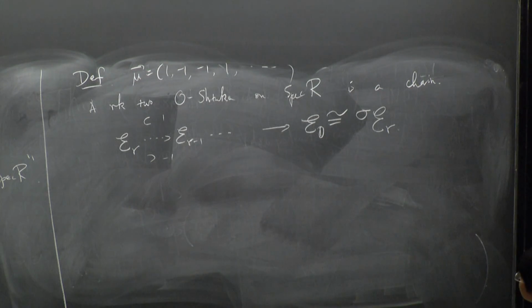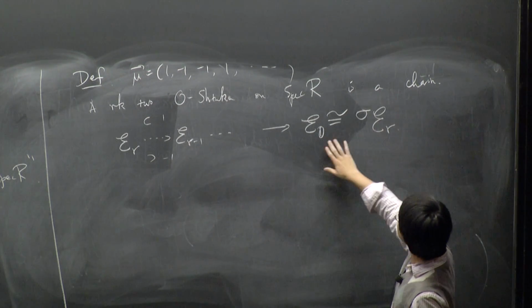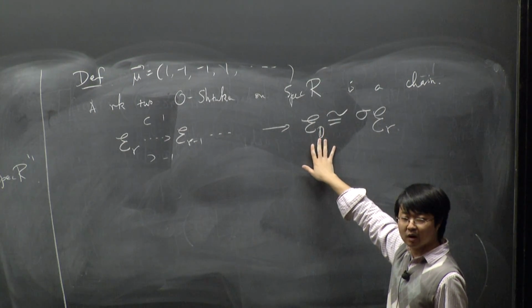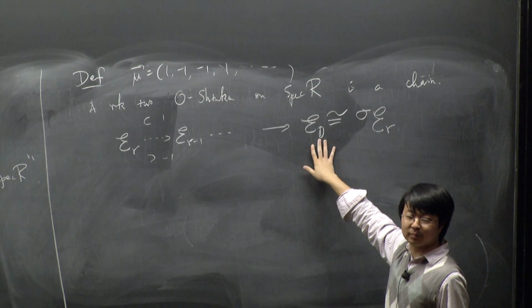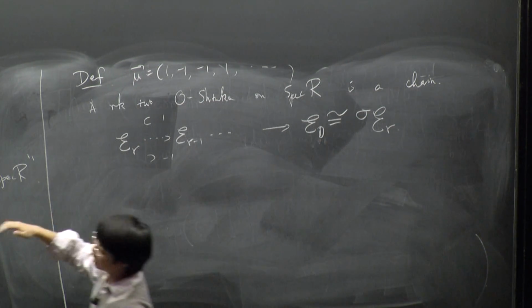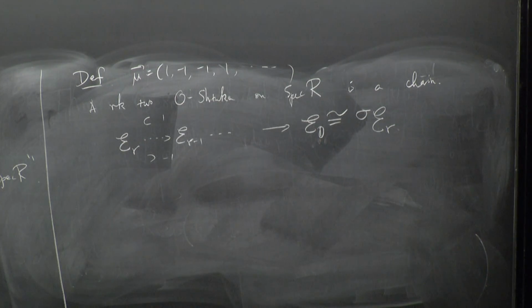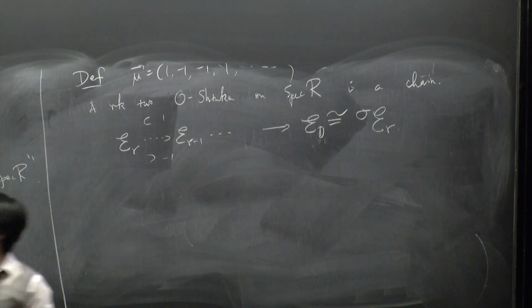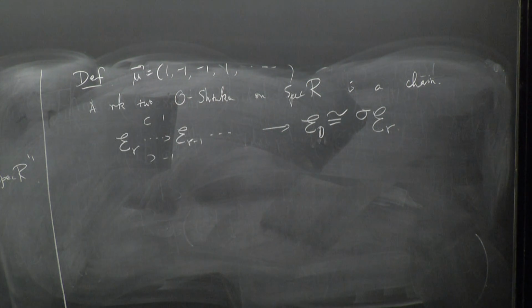If you think about it, if you replace this condition by saying the last piece E_0 is a trivial vector bundle, that's our previous variety, the Grassmannian for mu. So this is more complicated, but locally it's just something like it.